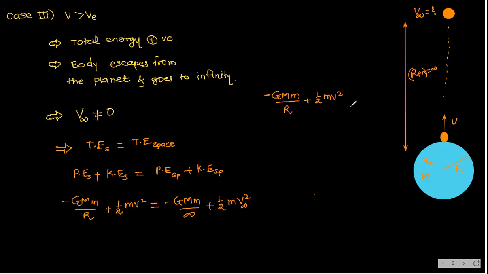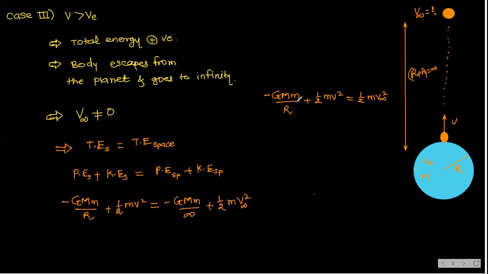The term with infinity becomes 0, since 1 by infinity is 0. That's why this complete term will become 0. Any doubt?